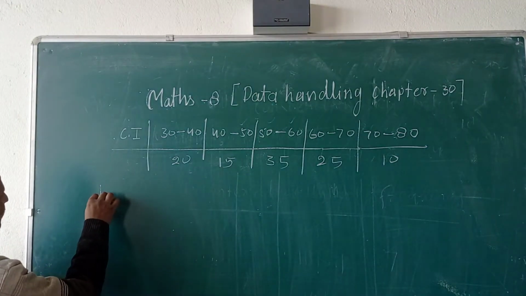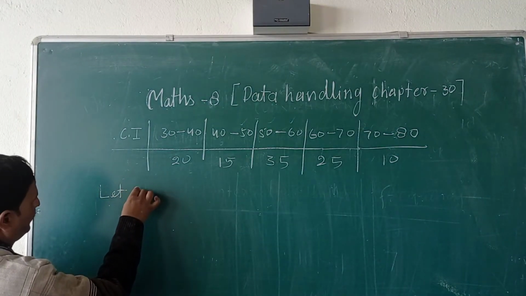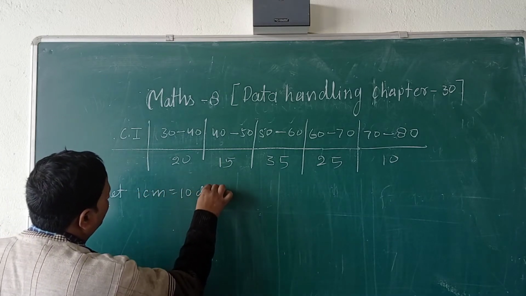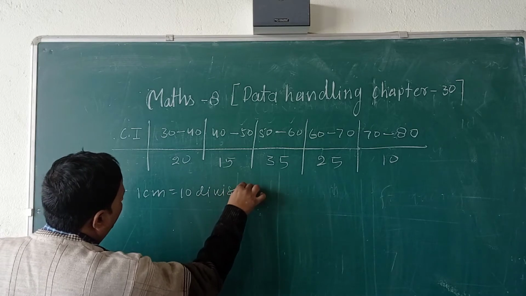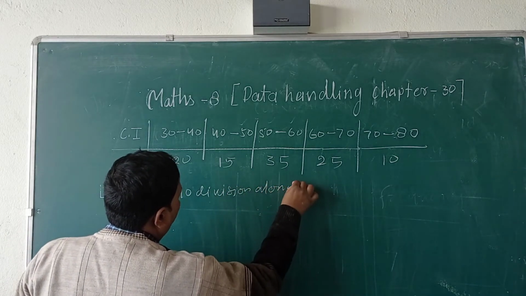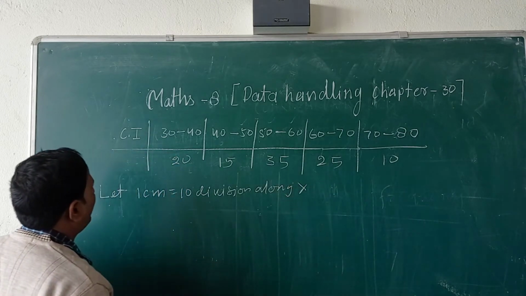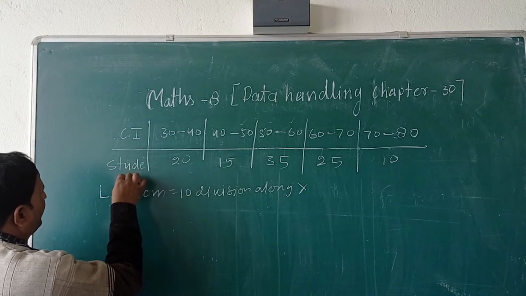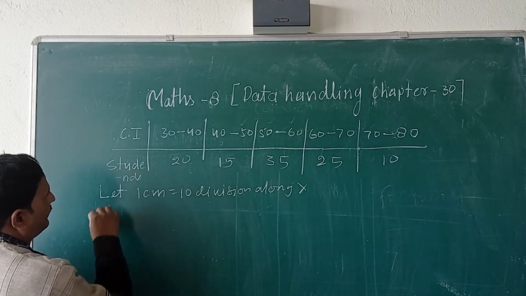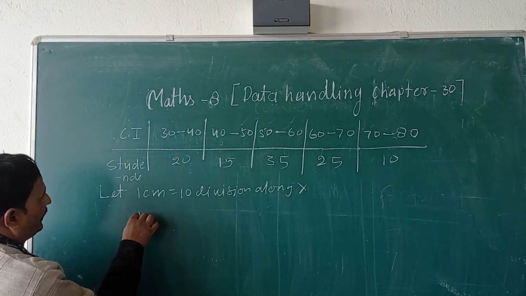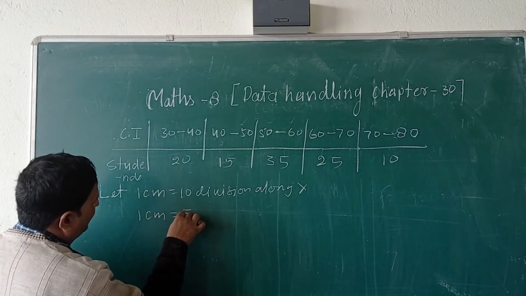Let 1 centimeter equal 10 divisions along the x-axis, and the number of students along the y-axis, let 1 centimeter equal 5 students.